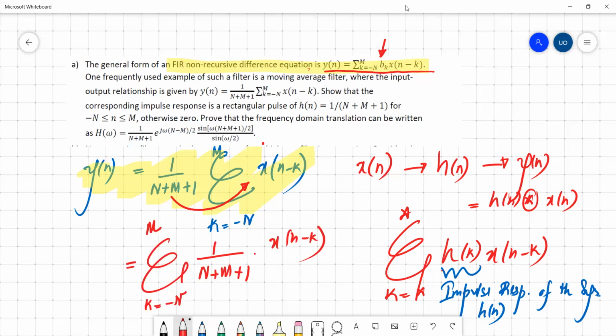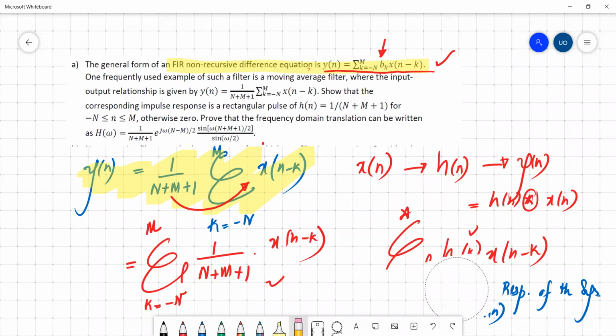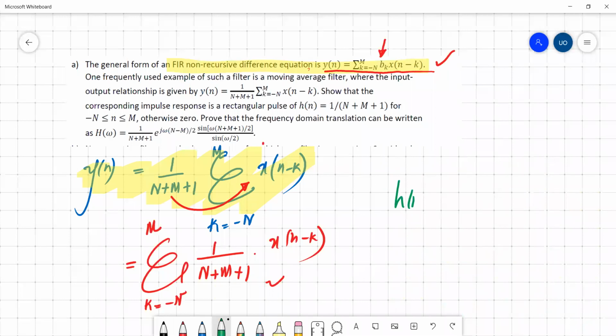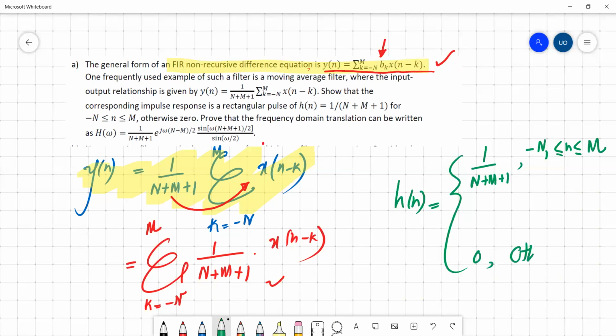Then if you simply match these two equations together, you can identify what h[n] would be. According to this, you can claim that your h[n] is 1 over n plus m plus 1 if it is in between this range, and 0 otherwise.